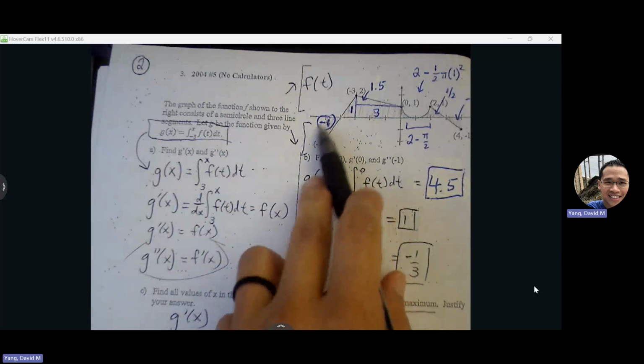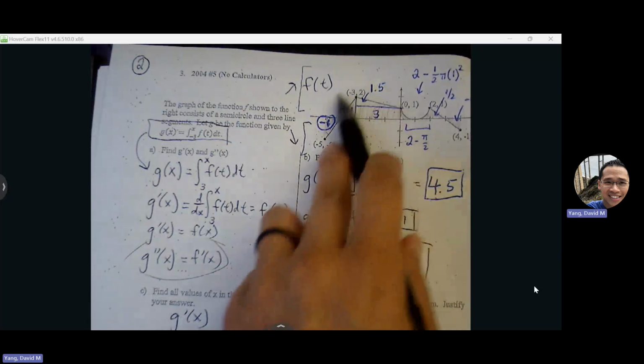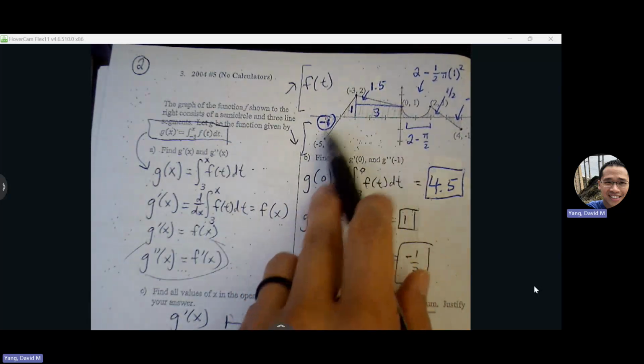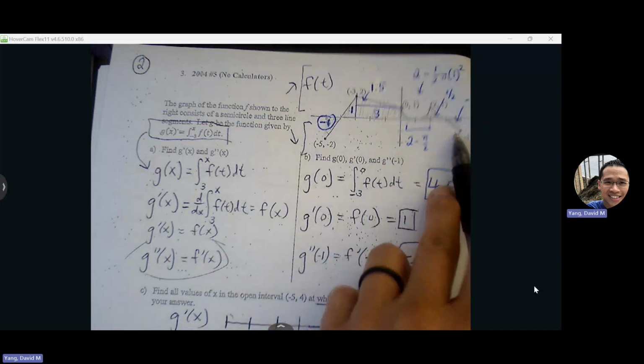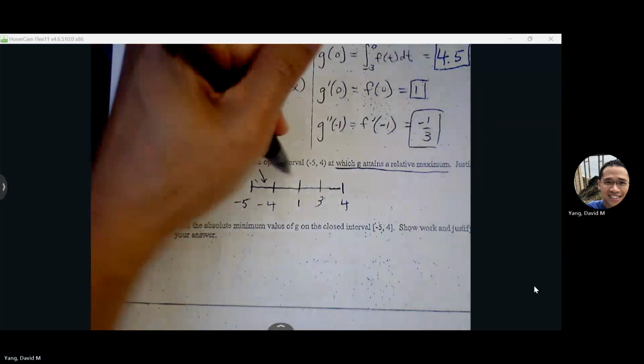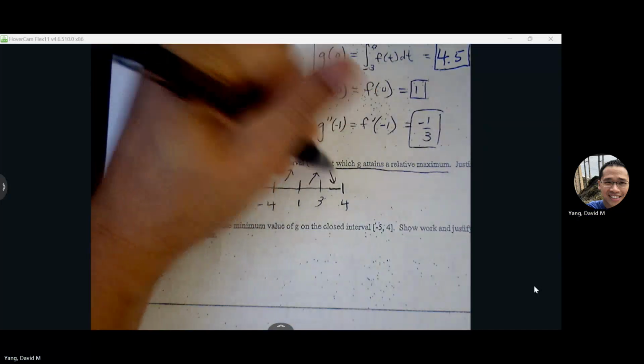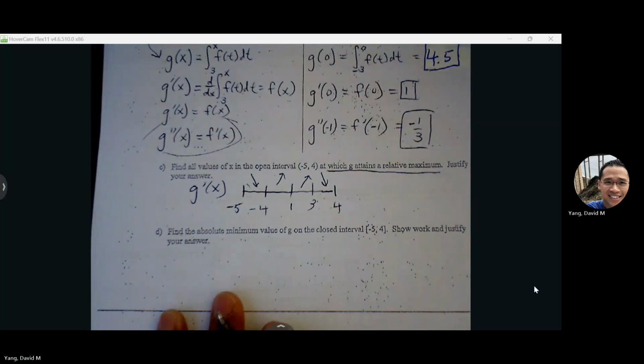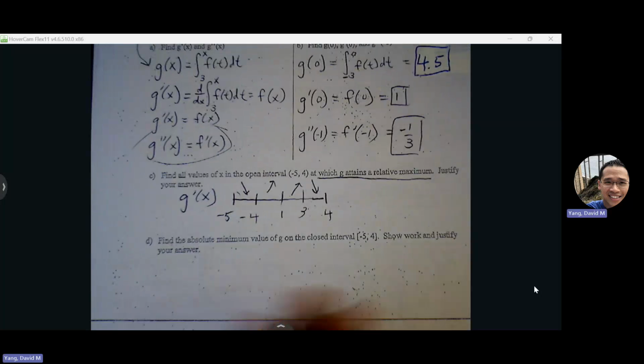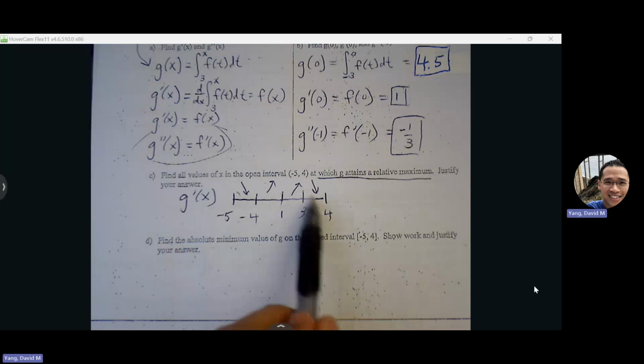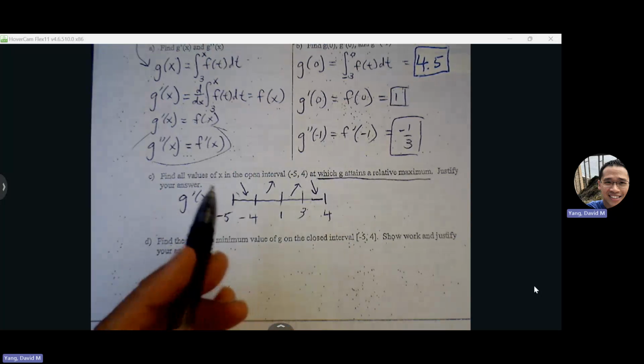And then we know below means negative slope. Above means positive slope. So negative, positive, positive, negative. Now that the sign line is in front of us, it's easy to tell that there's a relative maximum at x equals 3.